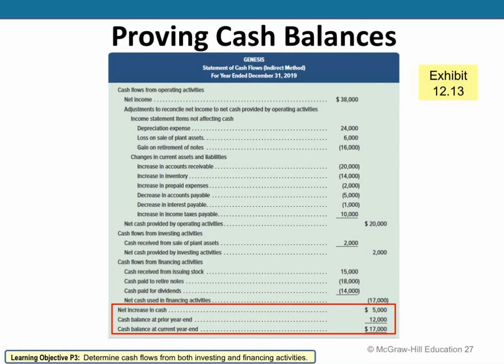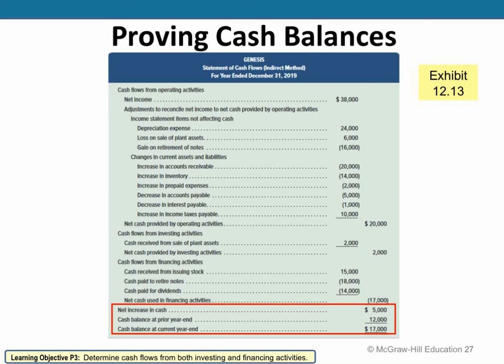So if we look at that statement of cash flows, we see that our cash balance from the prior year, $12,000, current year $17,000, is an increase of $5,000. But the statement of cash flows lets us look at each of those activities individually as well. So we can see that that $5,000 increase in net cash is contributed $20,000 from operating activities, $2,000 from the sale of the plant assets, so $2,000 from investing activities, and the financing activities contributed a $17,000 cash outflow, both from paying the retired notes and then paying the dividend.